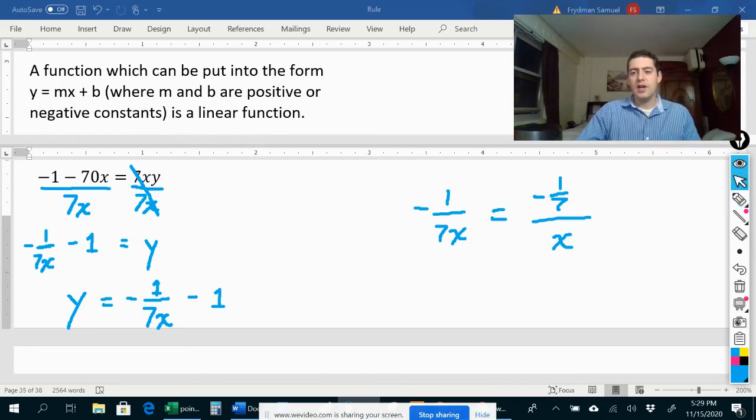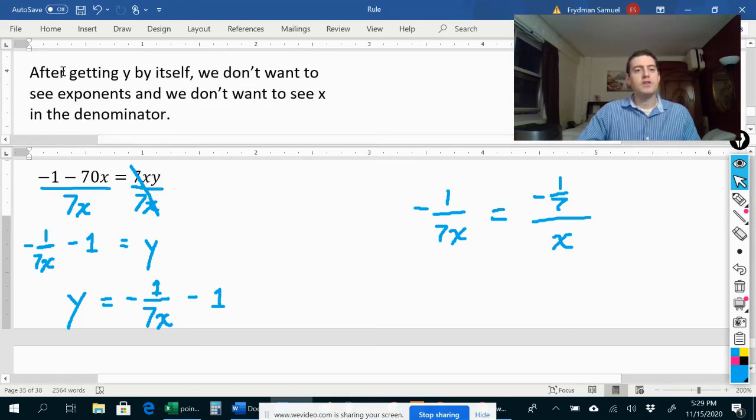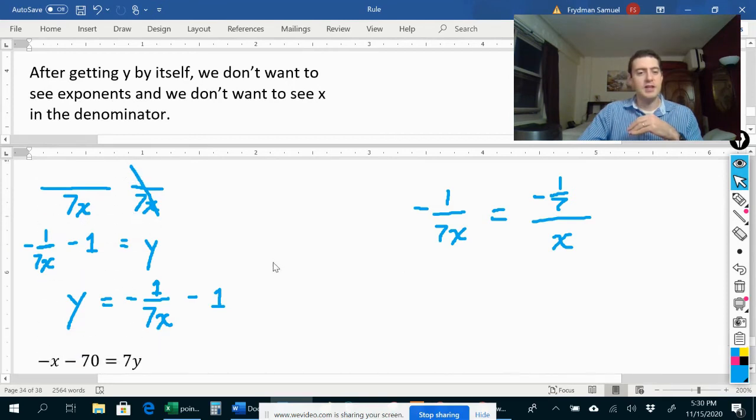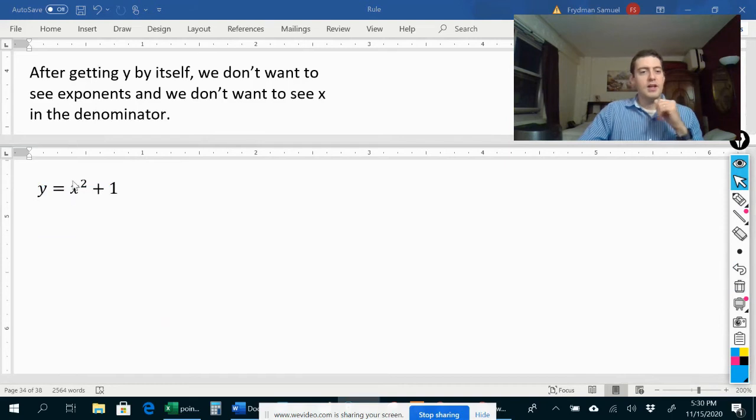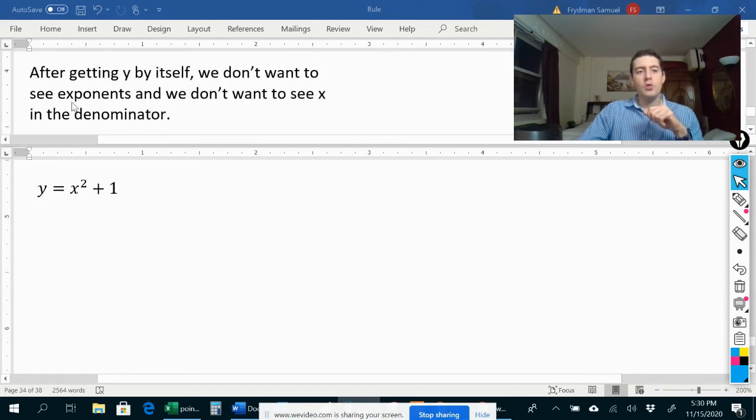So now would be a good time for me to scroll down a little bit. Maybe I should have done this earlier. After getting y by itself, we don't want to see exponents. That's why I said maybe I should have done this earlier, because in this example where we had an exponent, it turned out that there was no way to get this back into this form. So we don't want to see exponents in our equation.